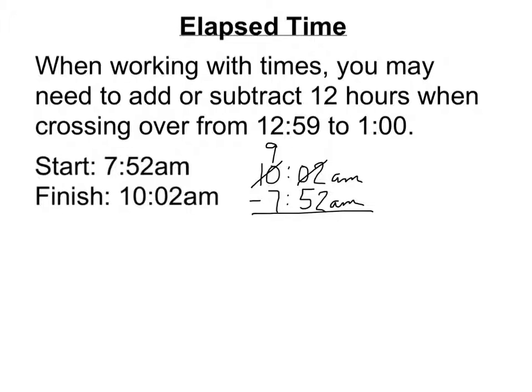So 2 minutes plus an extra hour, which is 60 minutes, is going to turn this into 62. And now we're ready to subtract. 62 minus 52 is 10. Bring down the colon. And 9 minus 7 is 2. So how long is it? 2 hours and 10 minutes.